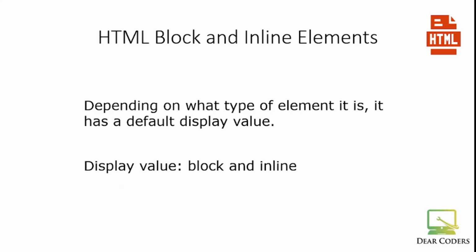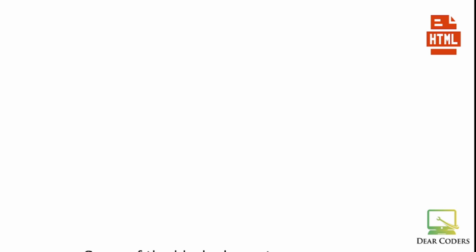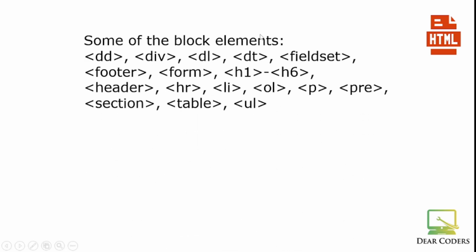Now we will see some of the block level elements and inline elements. These are some examples of block elements: when we are adding lists into the HTML document, there are the dd tag, the dl tag and the dt tag. Then while adding forms, there are form tags, then heading tags.